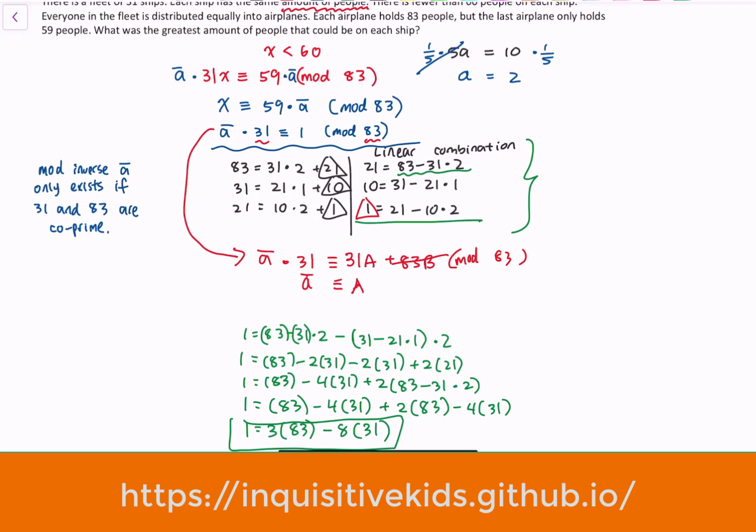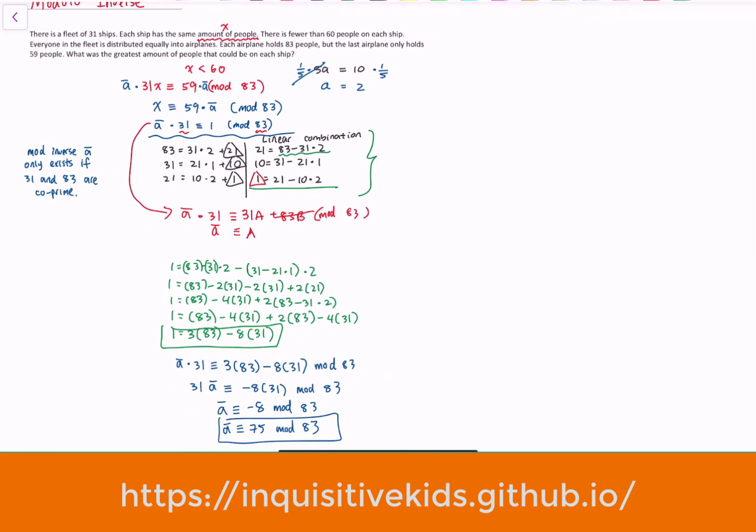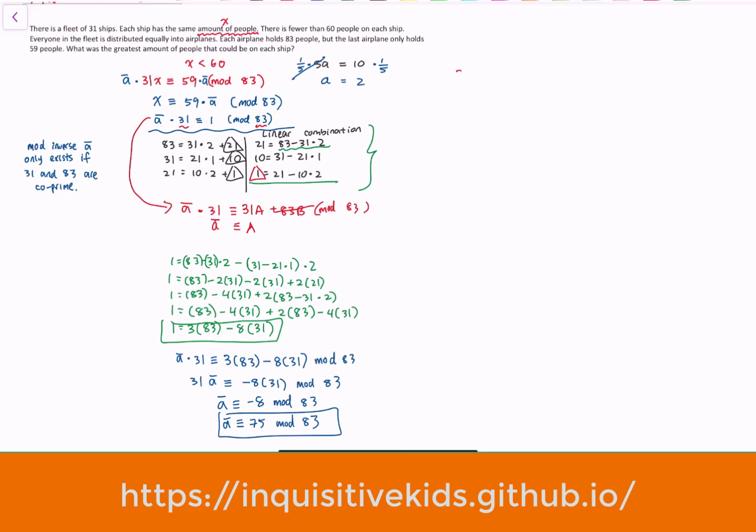We have to multiply a bar on both sides of our original congruence. So our original congruence is 31x is congruent to 59 mod 83.